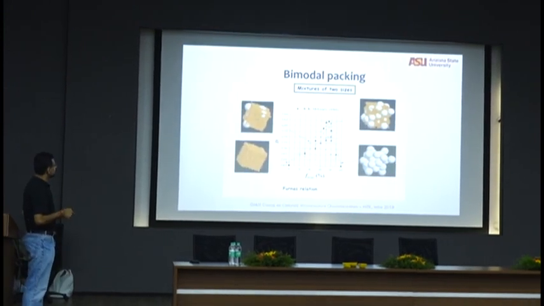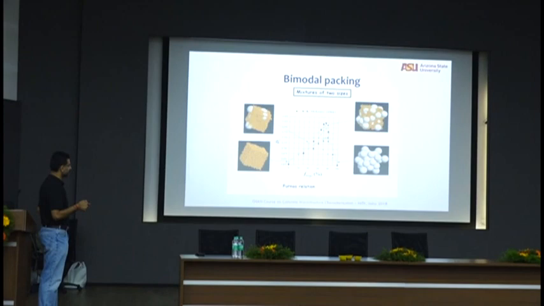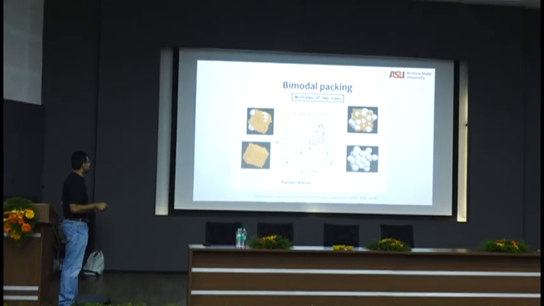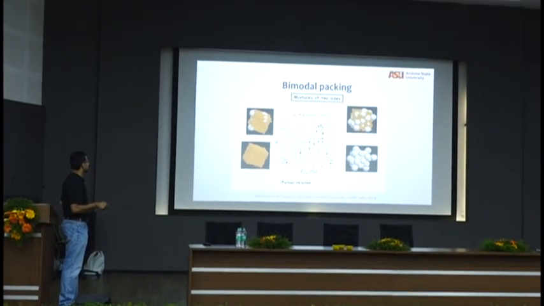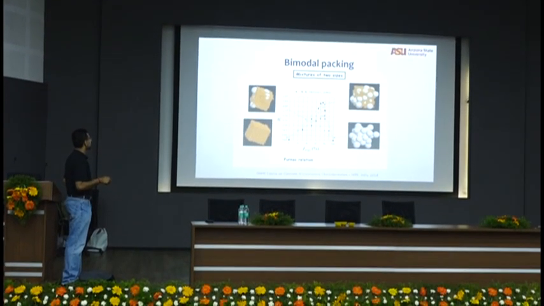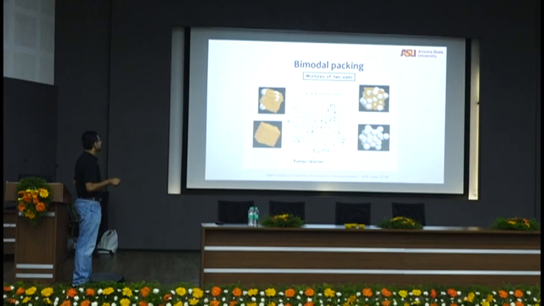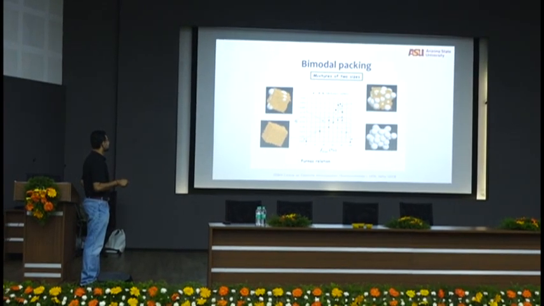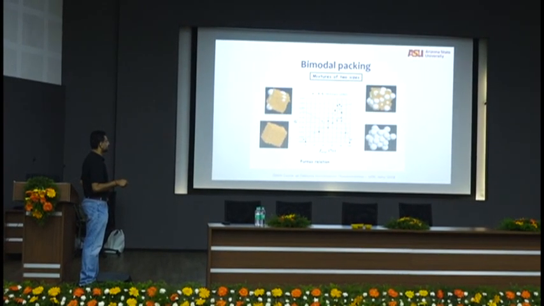If I do mixtures of different size particles, so this is a monomodal packing of large size, and this is what's called a Furnas relation, where you can plot the packing density with the percentage of large particles. You see there's an optimal value, right? There's a certain optimal value that you can afford to have large particles.